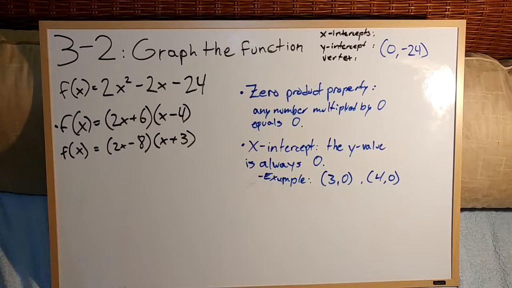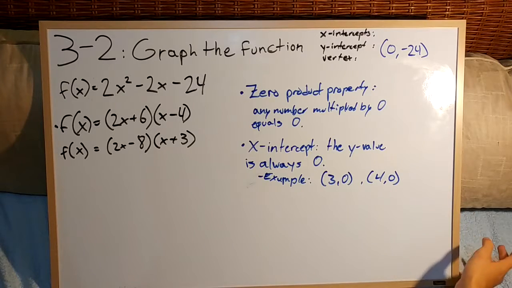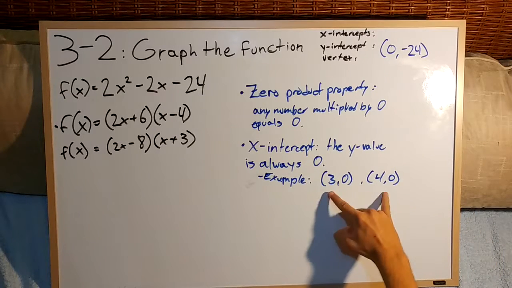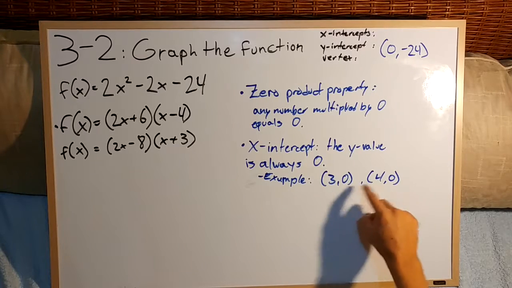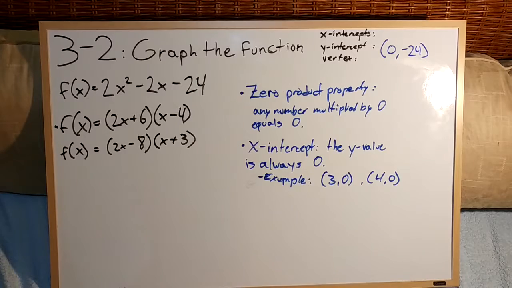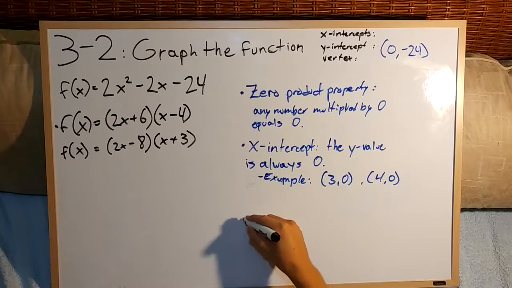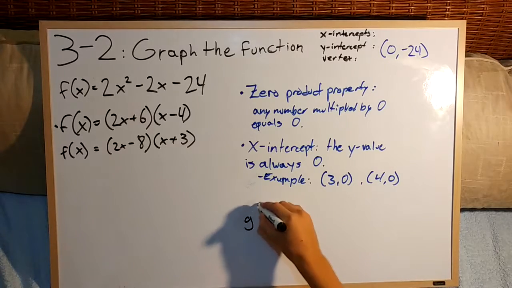And the y value of the x-intercept is always going to be 0. Here's an example: 3, 0 and 4, 0. 3 and 4 are both x values, and the y value here is always 0. So, for example, let's take g of x.